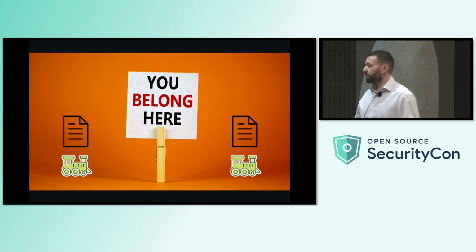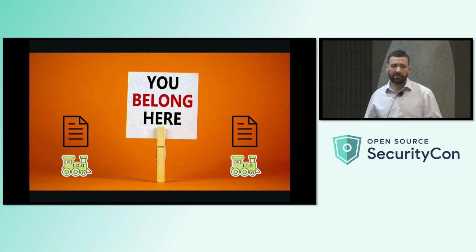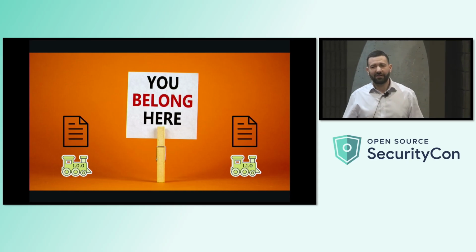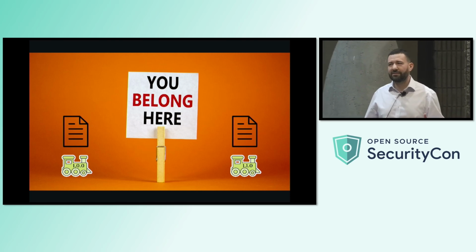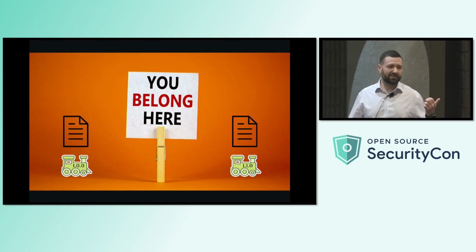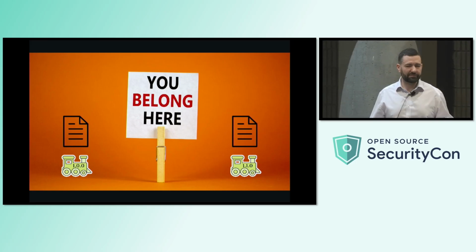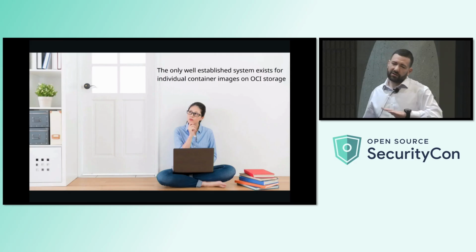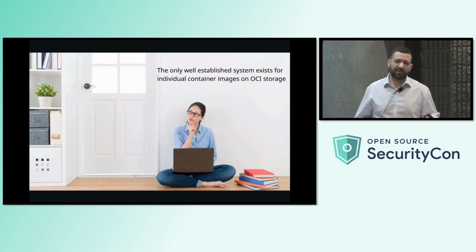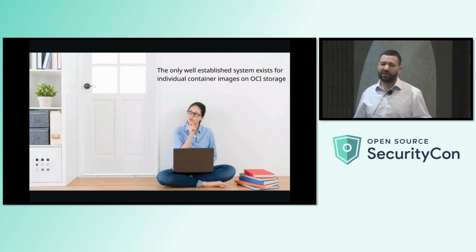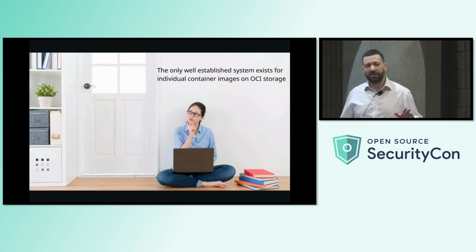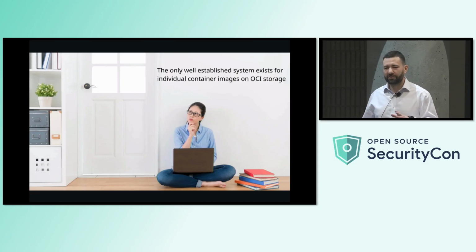What we want to see is documents that are organized per release. I think that is very natural. However, this is difficult with the state of the art which existed a few years back and frequently persists. I'll say right away, because this is a cloud native event, one area where this is done well, I believe, is OCI storages for individual container images.